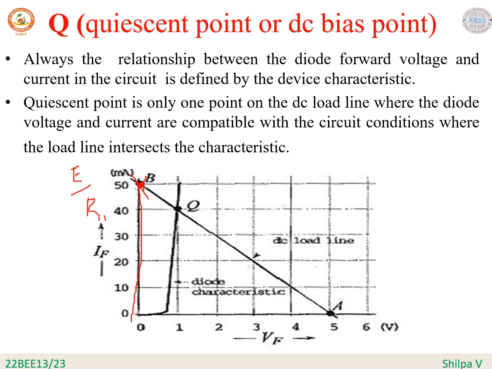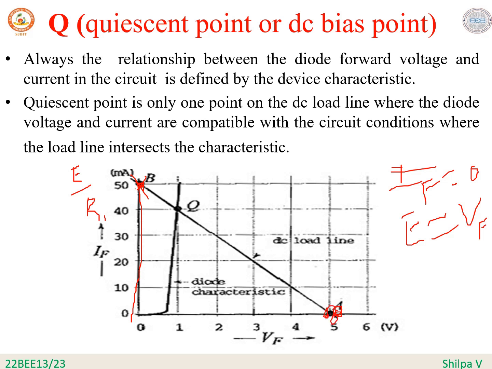In the same equation, you substitute IF is equal to 0. So what do you get if you substitute IF is equal to 0? You get E is equal to Vf. That is the point here.